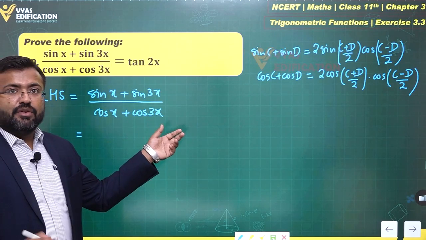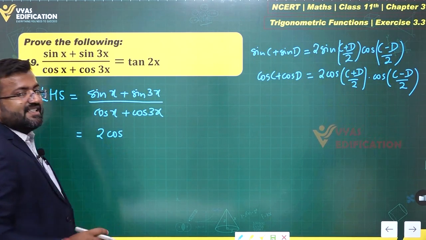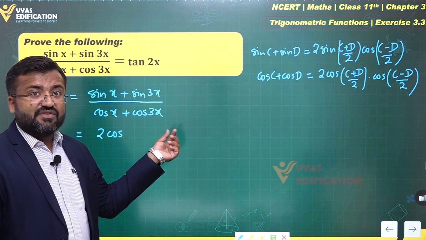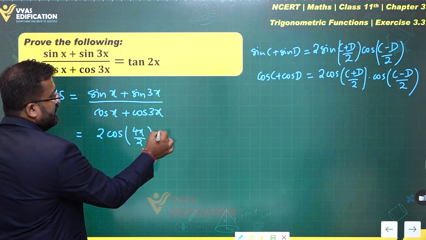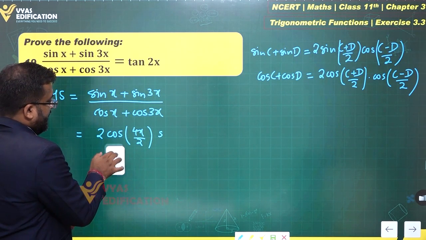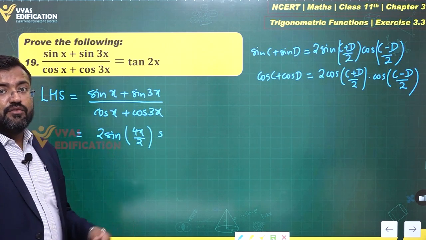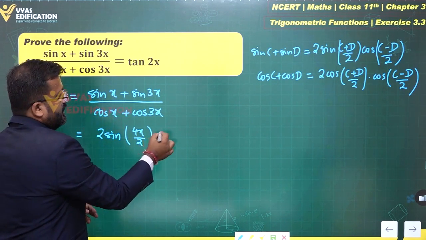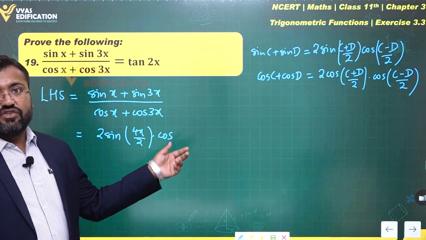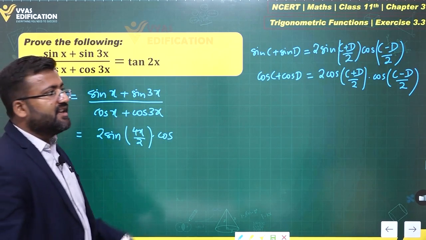Sin C plus sin D will be 2 sin (C plus D) by 2. C plus D, as you can observe, is x plus 3x, which is 4x, by 2. This is 2 sine this, and the next term would be cos (C minus D) by 2. C is x, D is 3x, x minus 3x would be minus 2x, by 2.